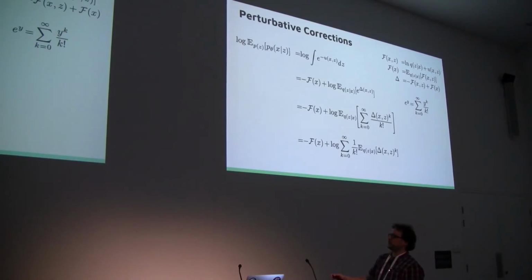Now that we converted all these nonlinearities into polynomials, we have a series expansion of expectations. If we ignore all corrections, we get back to the variational bound that we had originally. As you keep adding more and more terms, we will get a more and more accurate bound. And if you could add all of them, you would recover the true likelihood.